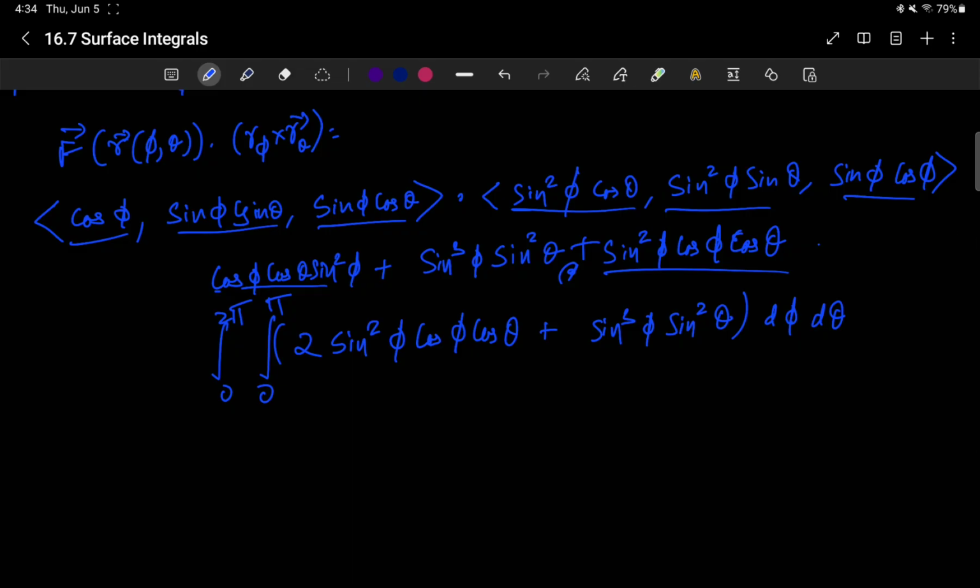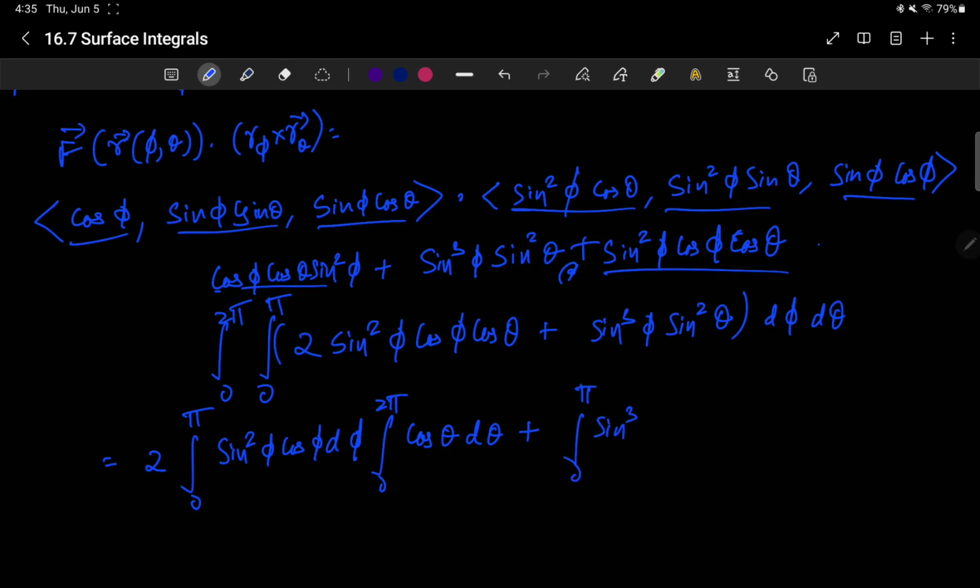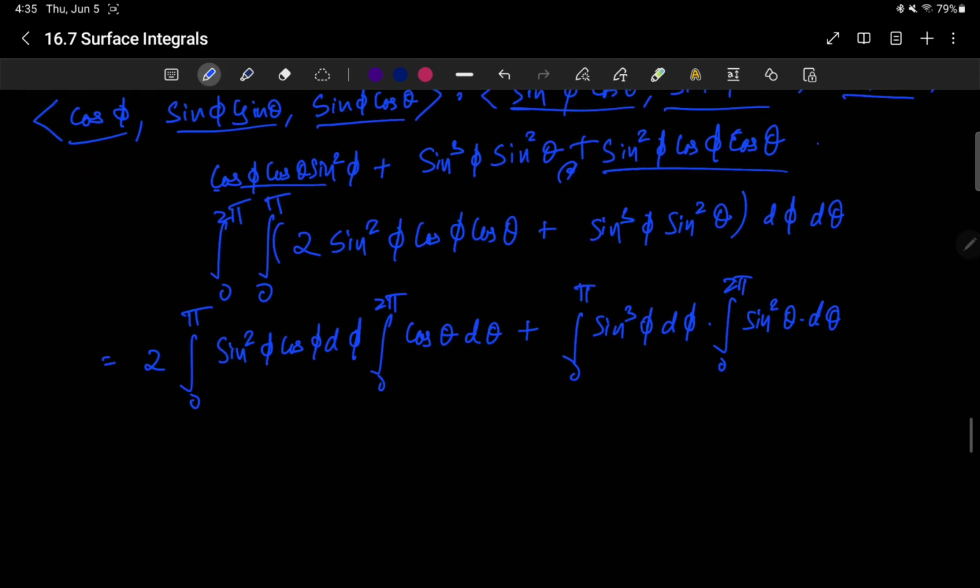Now all of this can be broken down into a bunch of components. We have 2, integral 0 to pi of sine squared phi cosine phi d phi, times integral 0 to 2 pi of cosine theta d theta, plus integral 0 to pi of sine cubed phi d phi, and integral 0 to 2 pi of sine squared theta d theta.